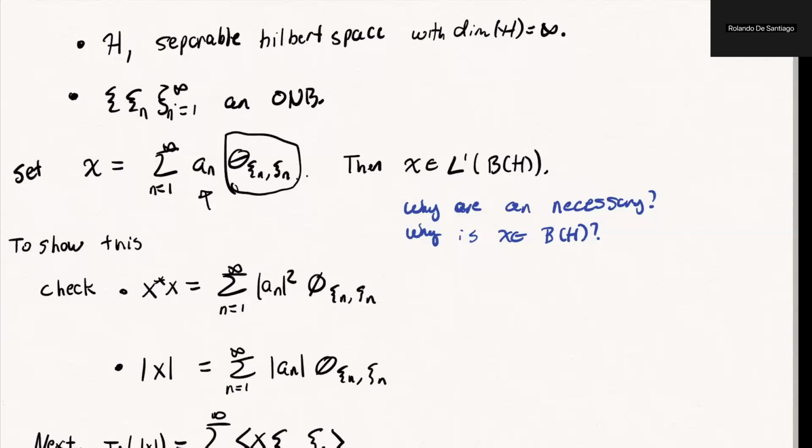Now, one thing that one could guess is that the absolute value of x could just be given by looking at the absolute value of the coefficients, and you'd be correct. And the way to verify this is to check that squaring this yields x star x.